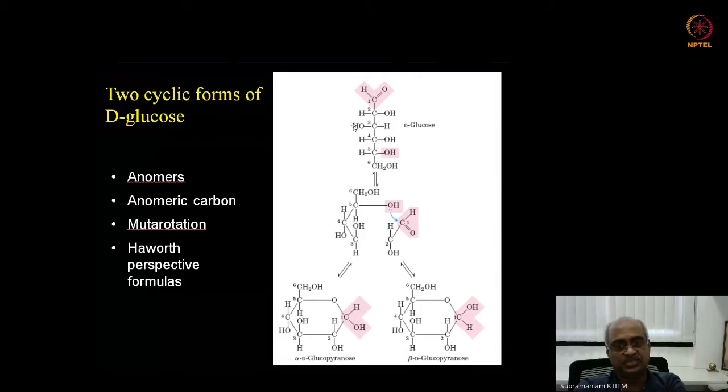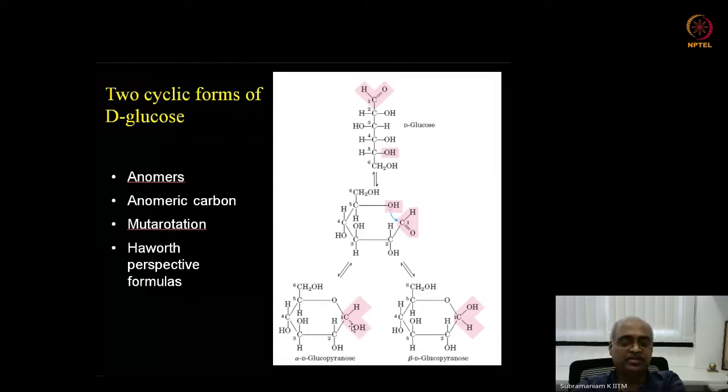So this is the Fischer projection formula, and this is the Haworth perspective formula. This is not exactly Haworth. In the perspective formula, we would have used wedge-shaped bonds to show the projection as well. But this hexagonal ring is usually referred to as Haworth because Haworth proposed it first.